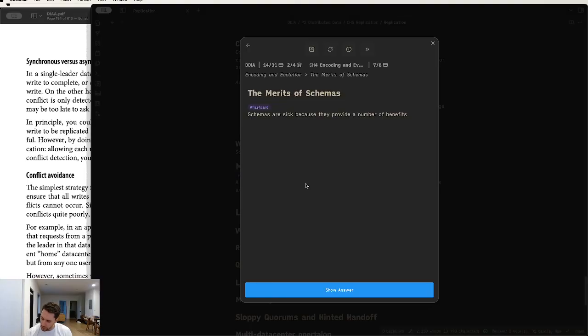Code generation, a form of documentation. Predictability, static typing. Oh, and then you can binary encode them. Can be more compact, yeah.